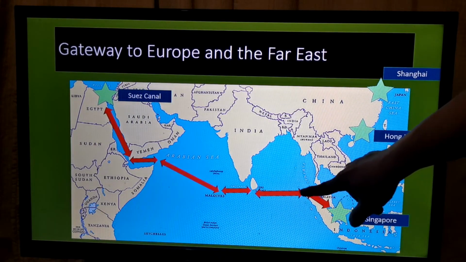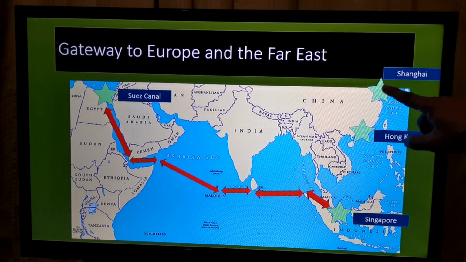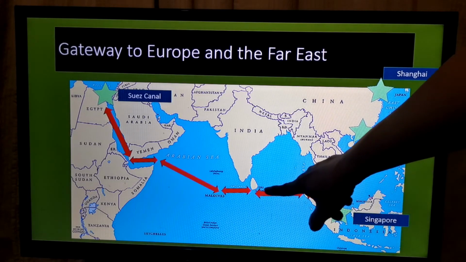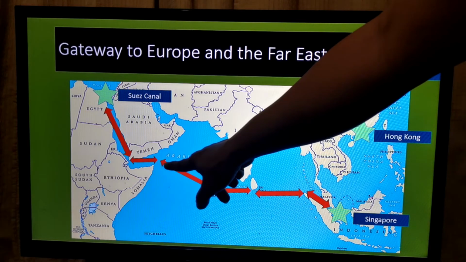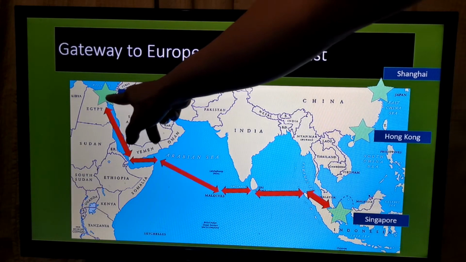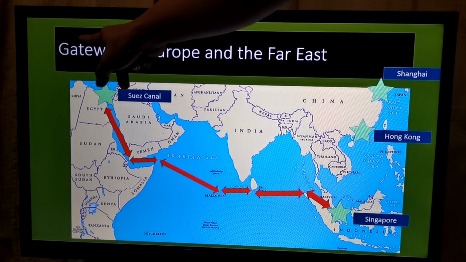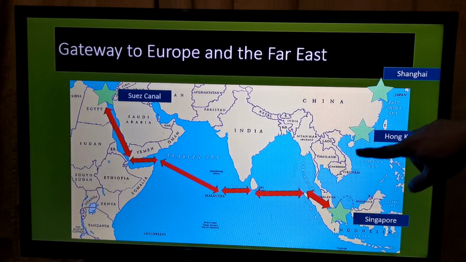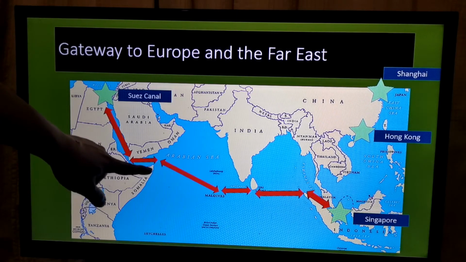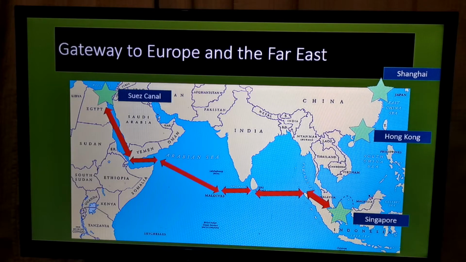Okay, crossing the Indian Ocean from the three ports of East Asia, crossing the Indian Ocean and into the Red Sea and the Suez Canal to Europe, and vice versa. So many ships travel that path, and Somalia over here can be like a toll gate.